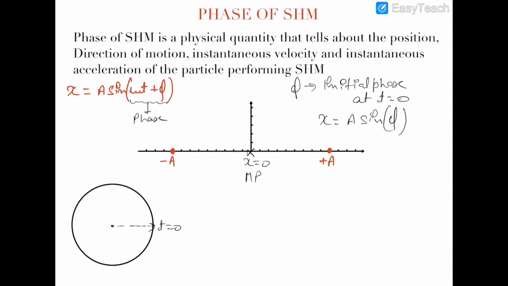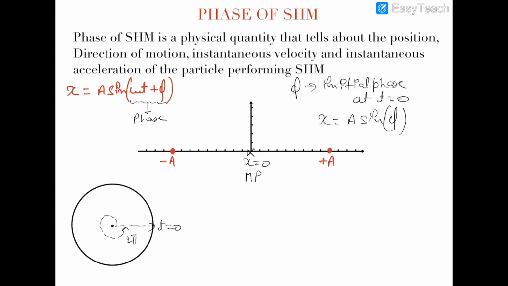When the particle completes one cycle, it covers an angle of 2 pi around the center of the circle. So in one complete cycle of circular motion, the particle covers an angle of 2 pi, and you can compare the phase with the angle of circular motion.